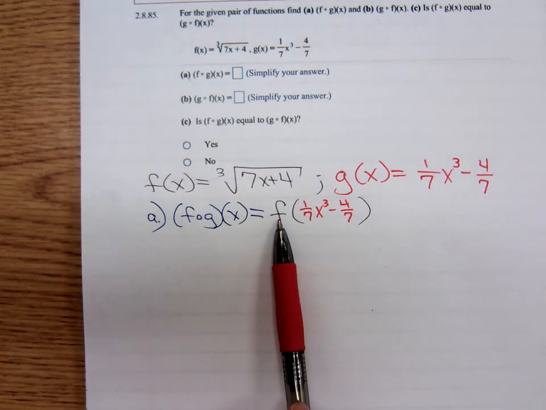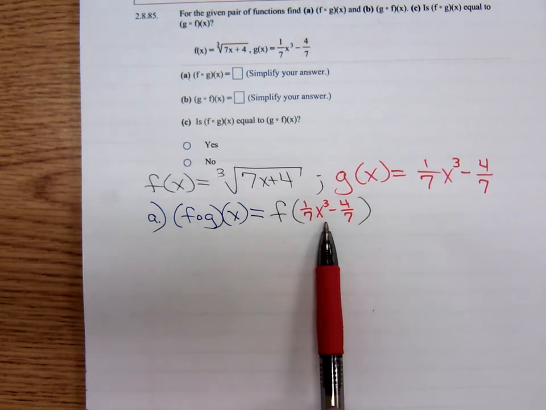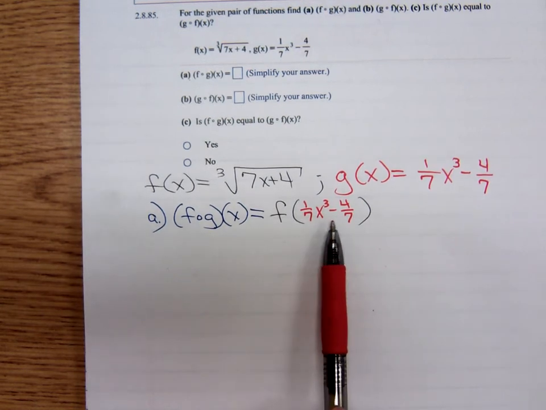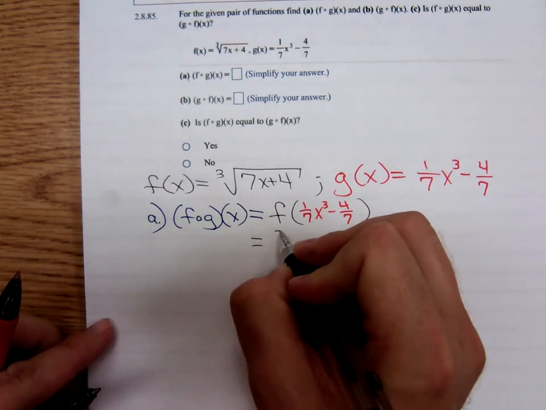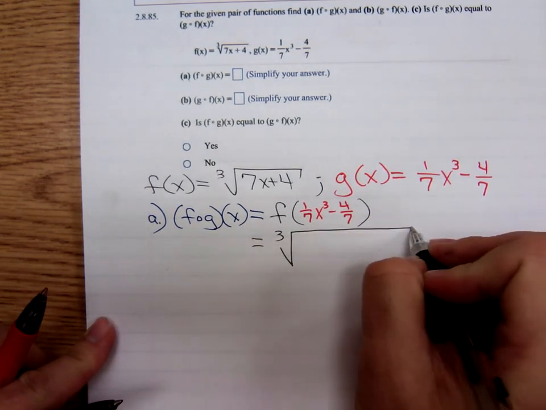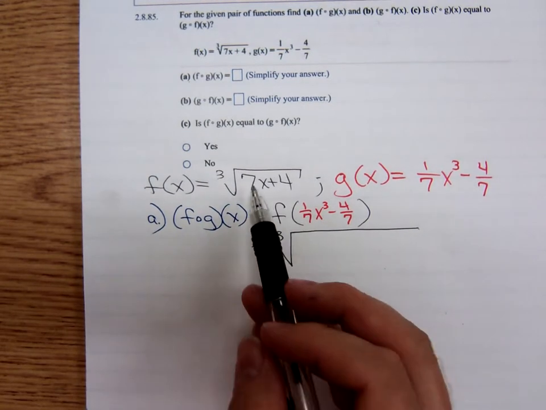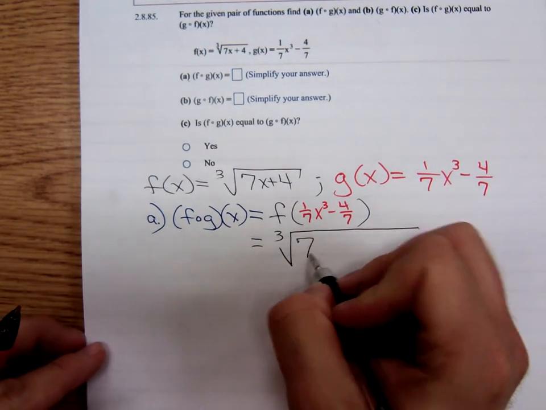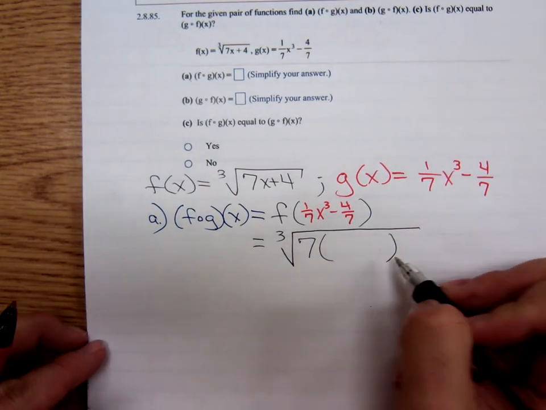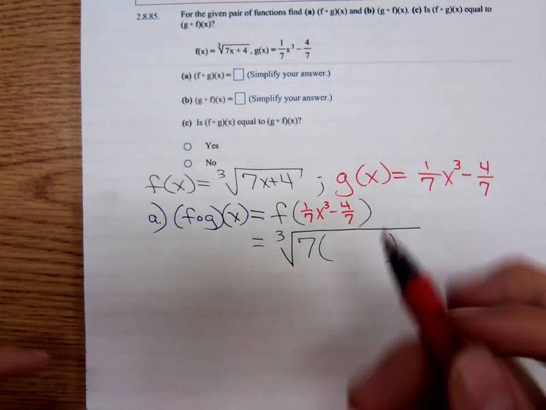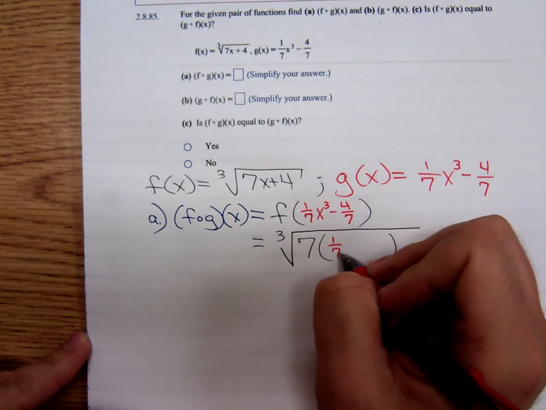Wherever you see a variable, plug in 1/7 x cubed minus 4/7. So we come up here to the function f. We have a 7. We're going to replace the x with the 1/7 x cubed minus 4/7.